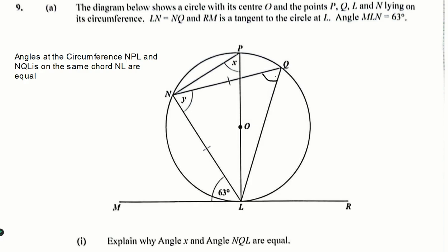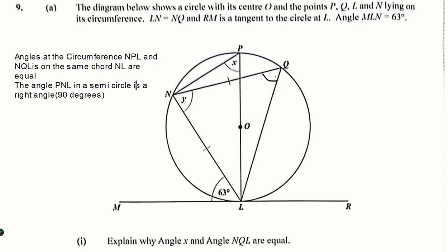The next thing we would say, we see a diameter with an angle opposite it. So we would say the angle in a semicircle is a right angle. So the next rule is the angle PNL in the semicircle is a right angle, so therefore that is 90 degrees.